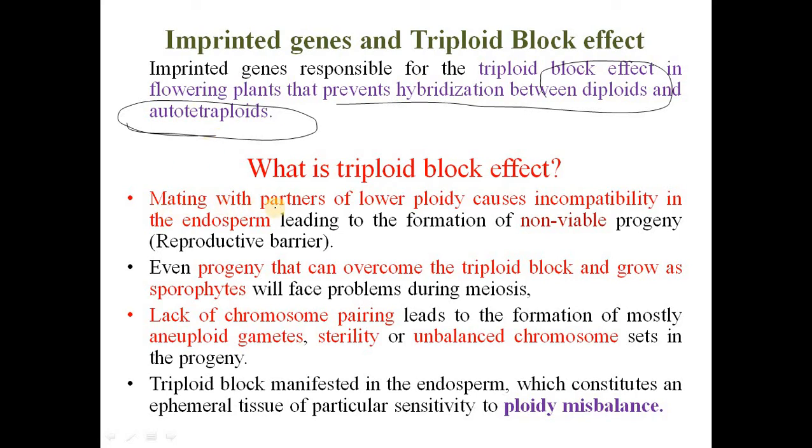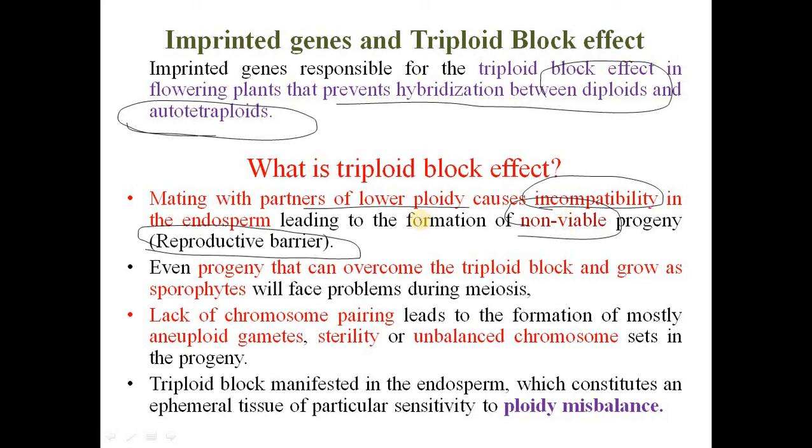Mating with partners of a lower ploidy level causes incompatibility in the endosperm, which leads to the formation of non-viable progeny, and this is nothing but a reproductive barrier because the progenies are non-viable.